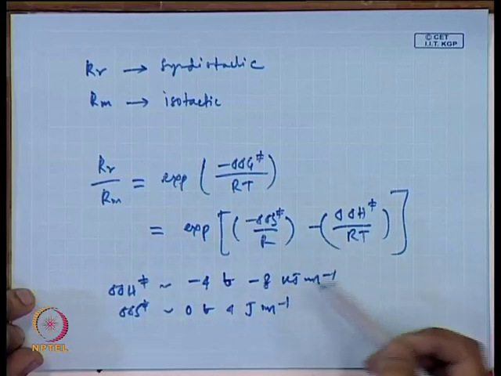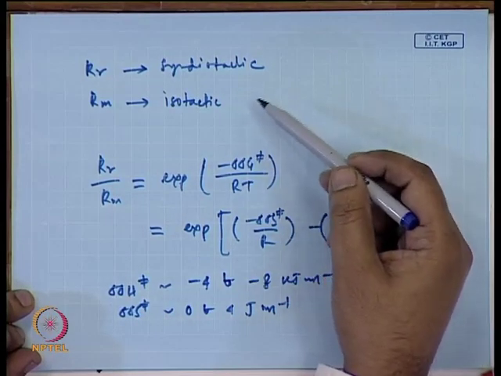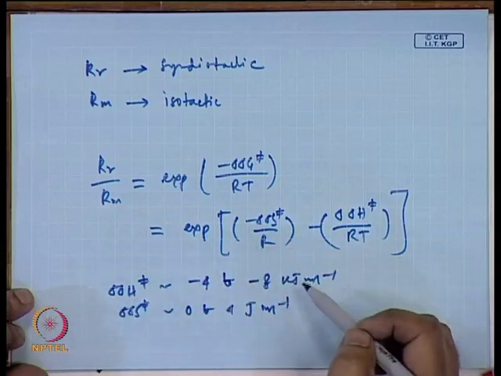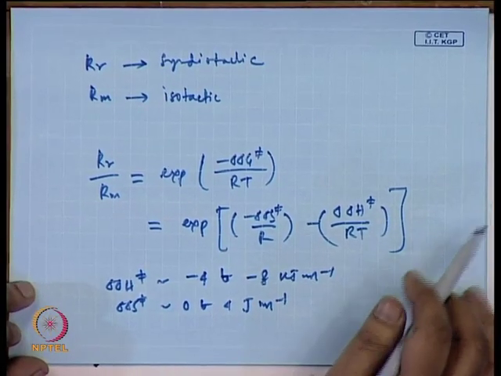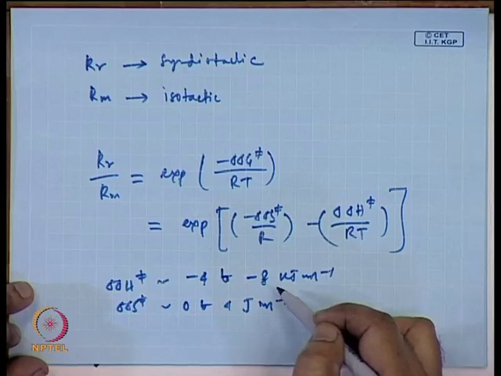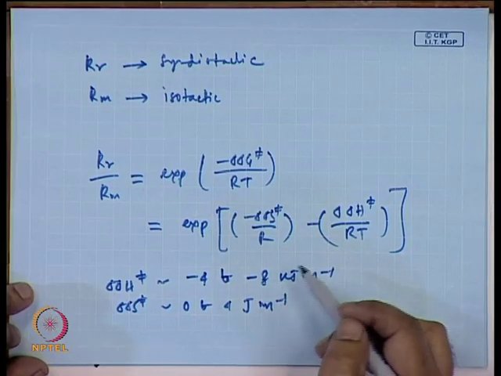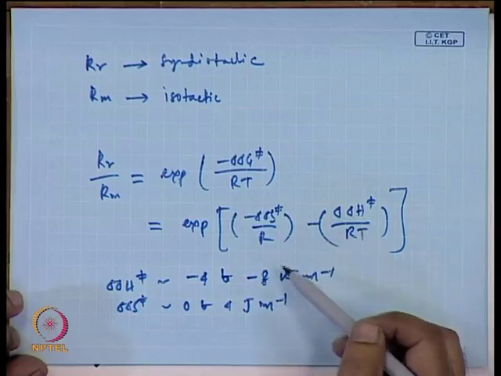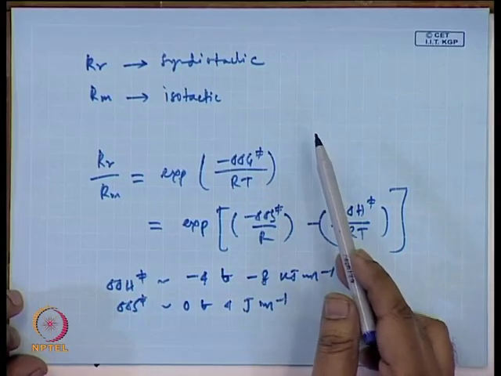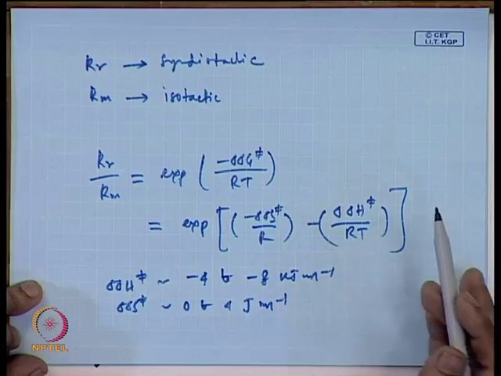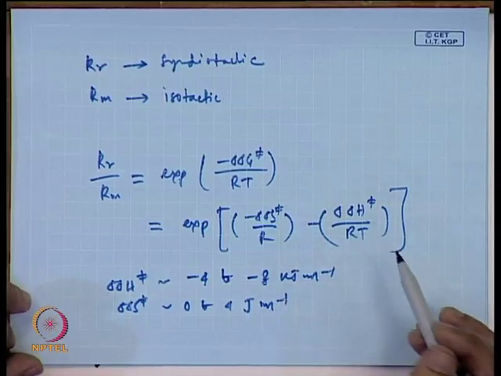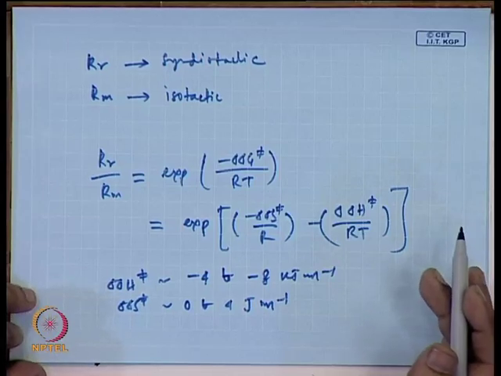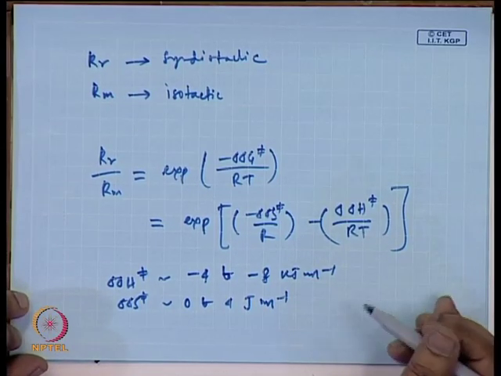So, the preference would be determined by the difference in their activation energies, and if you increase the temperature there will be no preference between these two, and hence there is a tendency for either stereoregularity to form, which will lead to an atactic polymer.